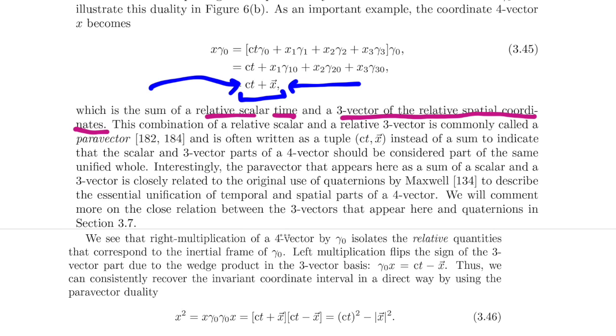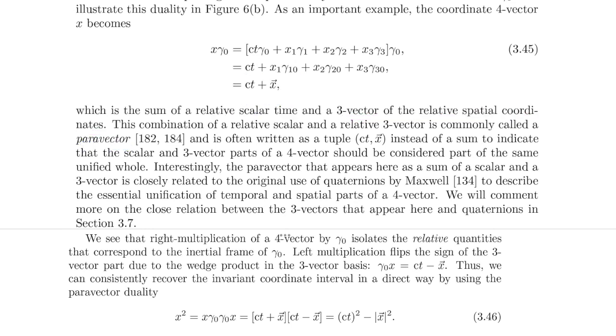Well, I guess what they're saying is, if you have a paravector, this part is called a relative scalar. This we've already defined as a relative vector. I don't think they've introduced the idea of a relative scalar quite yet, except to say that a relative scalar is what you get when you do this duality transformation of a vector in the space-time algebra.